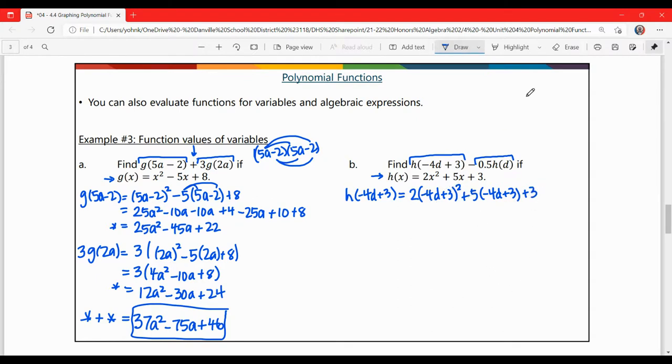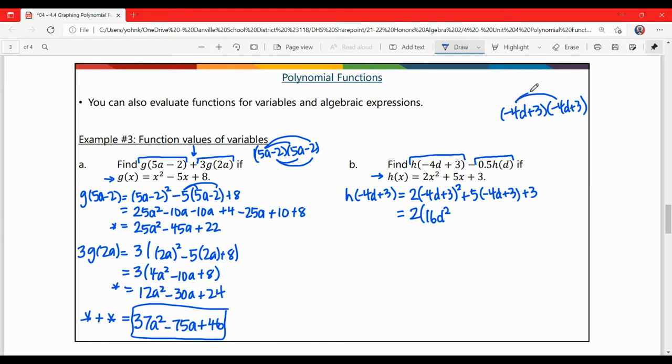Now remember that negative 4d plus 3 squared, we are going to write it twice and double distribute. So negative 4d times negative 4d is 16d squared. Ooh, I forgot about the 2 on the outside. So that's 16d squared.